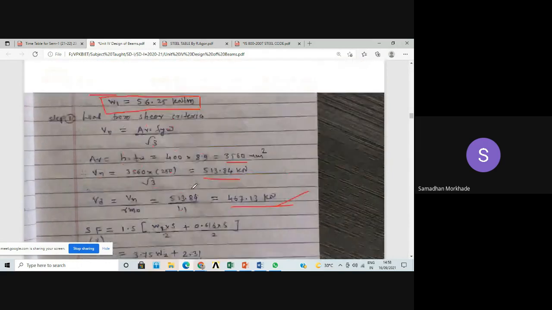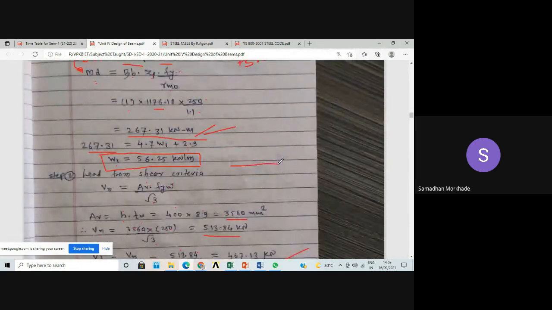Now what is the shear force in case of a beam subjected to UDL?